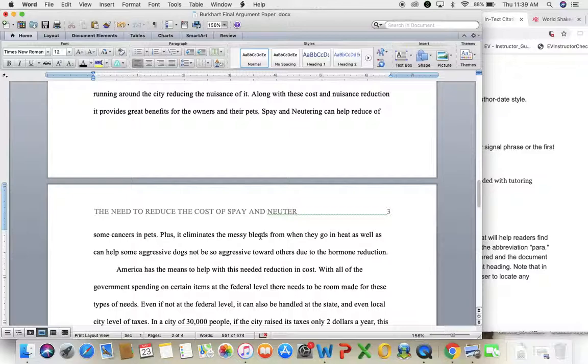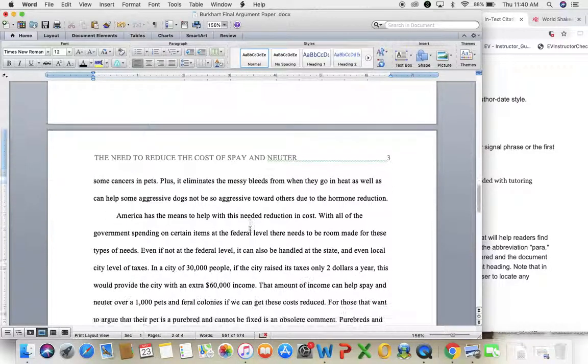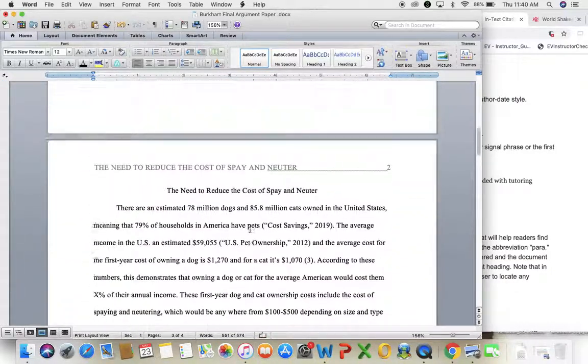But then talk about why these low cost options, are they not available for everybody? If I went, would I not be able to get my pet spayed or neutered because I make a certain amount of money a year? So more information about that is needed. So talking about the potential solutions, and then the best solution. So just more specificity is needed with all of that.